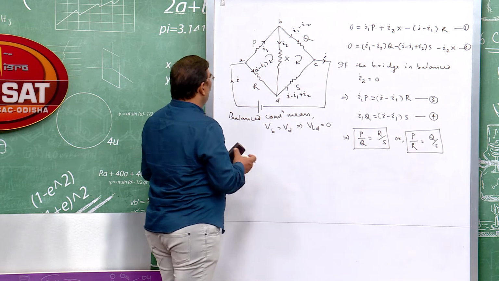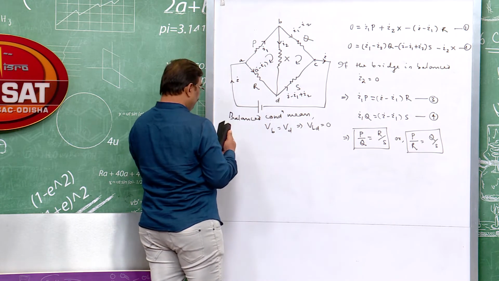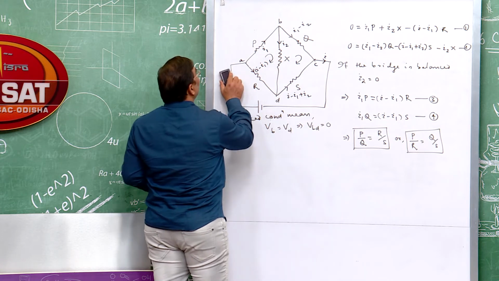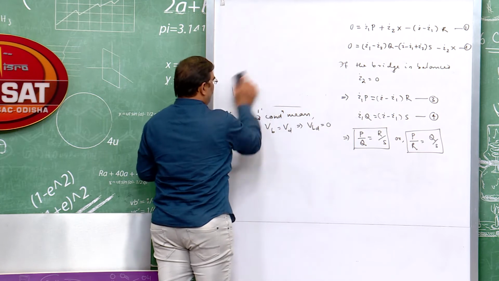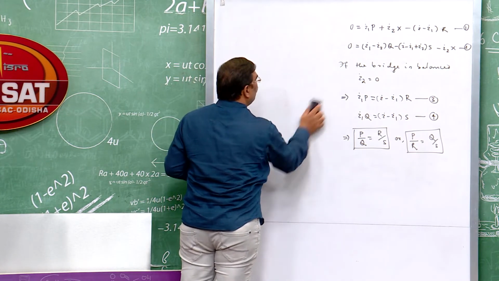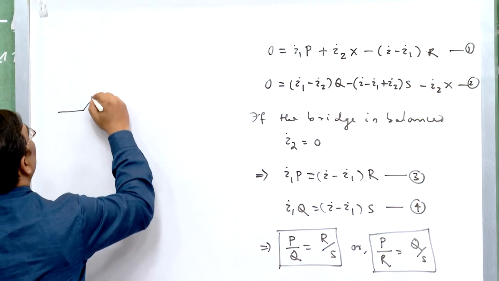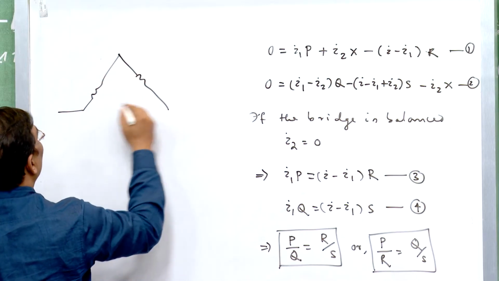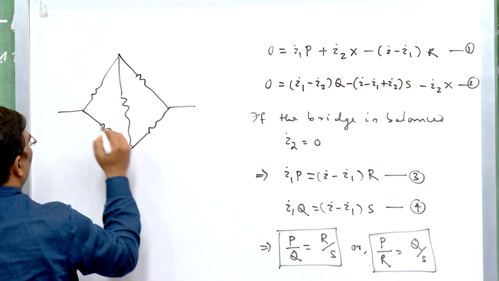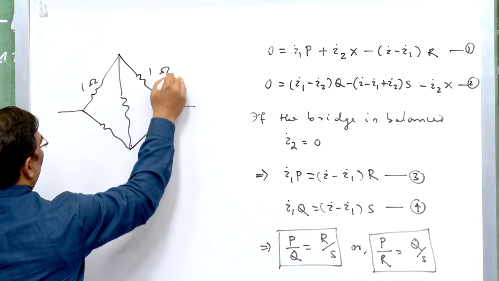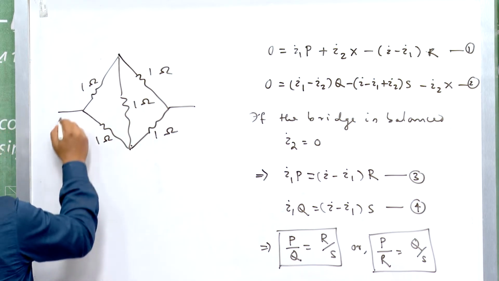So, to start with a practical problem, suppose we have a network like this, this is 1 ohm, 1 ohm, 1 ohm, 1 ohm and this is also 1 ohm.